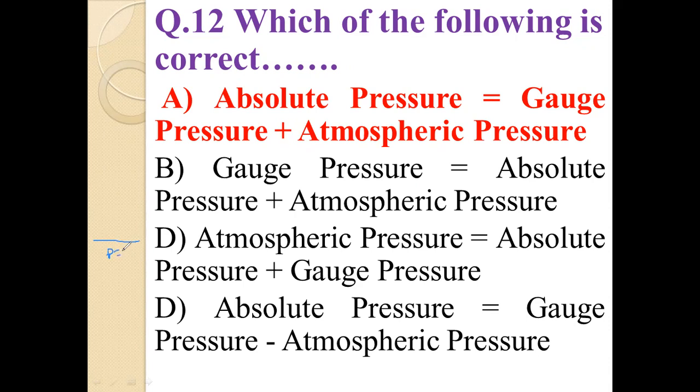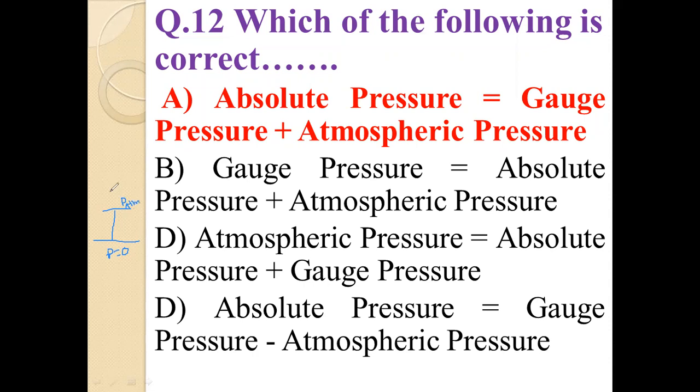From this line, when we move upward to a particular point, there is atmospheric pressure, P atmospheric.